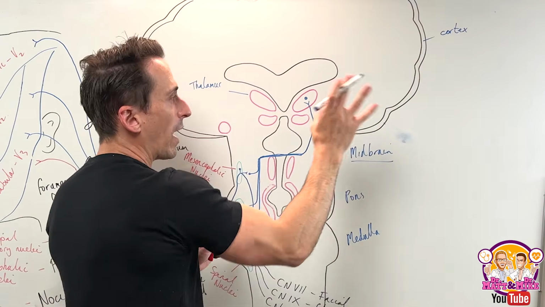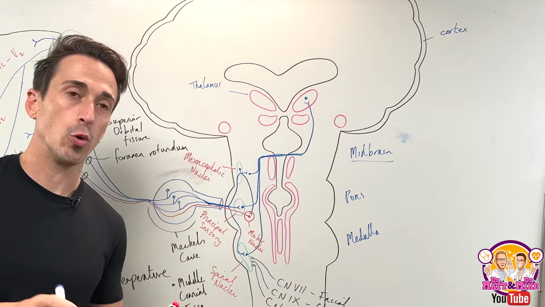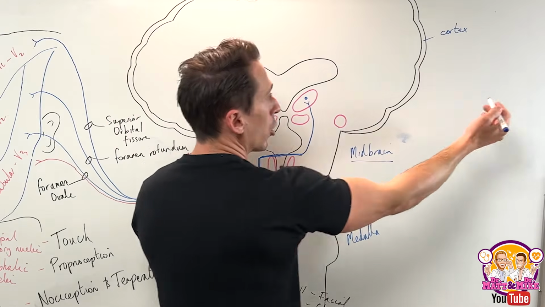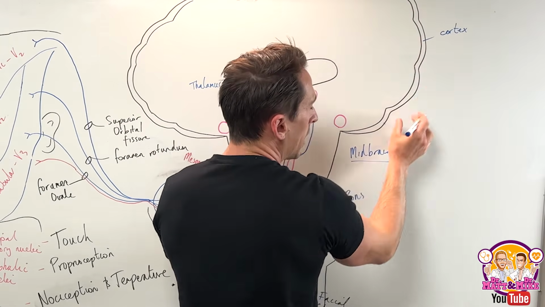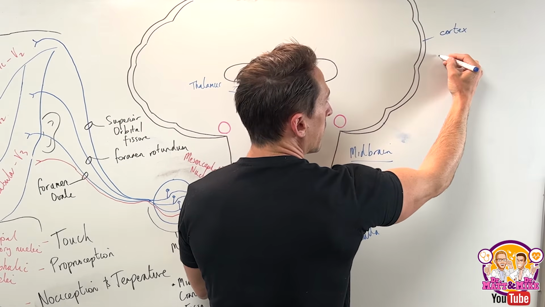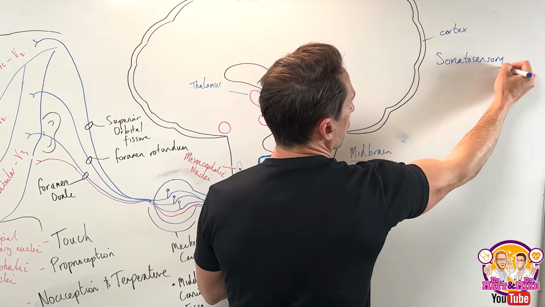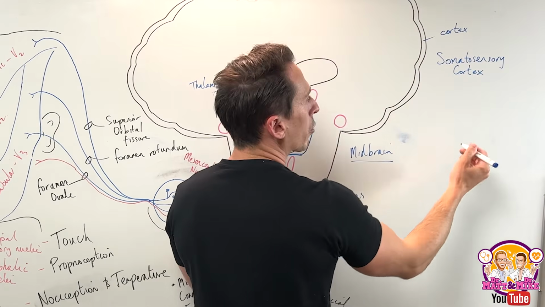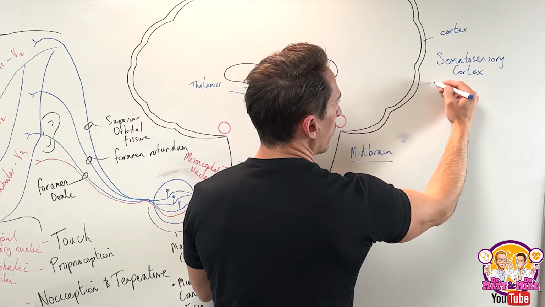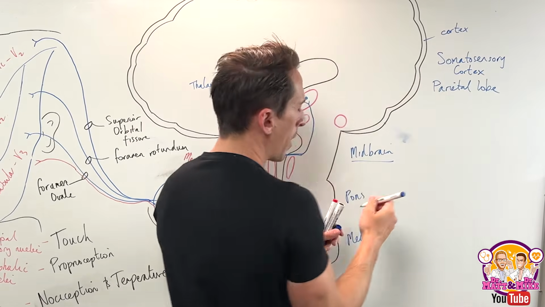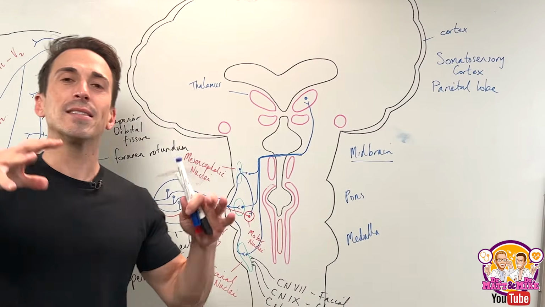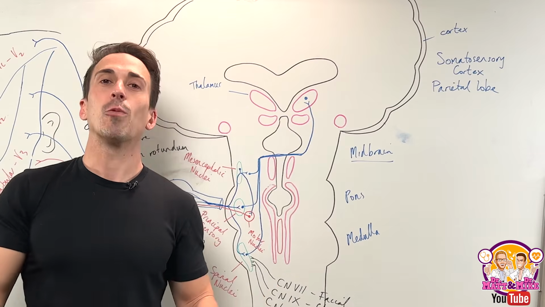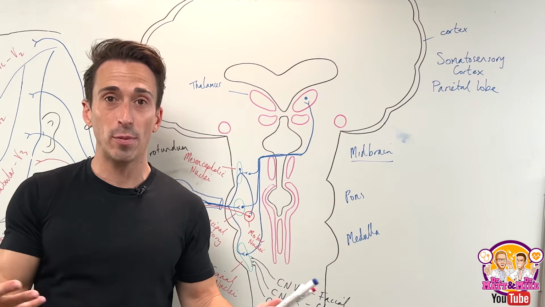Now, we're focusing on the somatosensory cortex, located in the parietal lobe. Let's write that down. What we've got here is the somatosensory cortex, located inside the parietal lobe. And remember, the somatosensory cortex has a map of the entire body regarding sensory information. A whole map of the body.